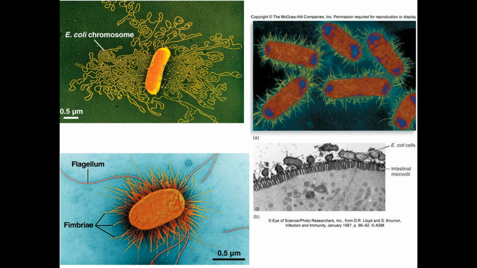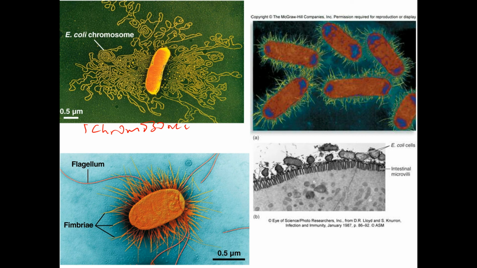Bacterial cells typically have one chromosome. Eukaryotic cells have many chromosomes, so more than one. There are exceptions to the rules for bacteria, but they generally have one chromosome.